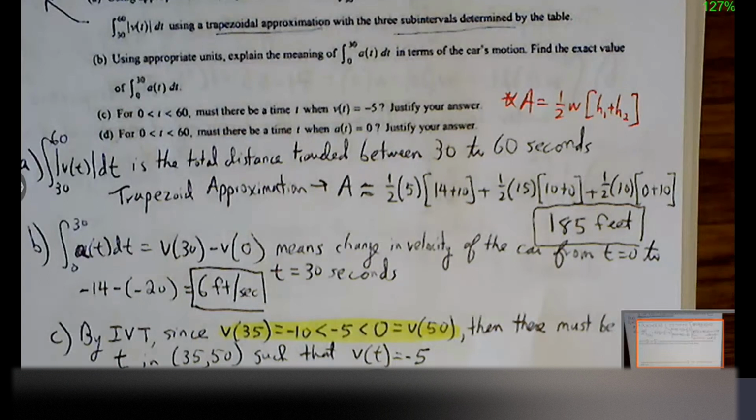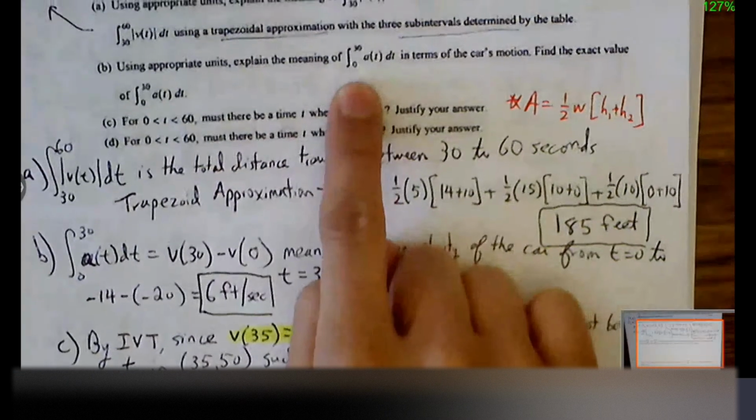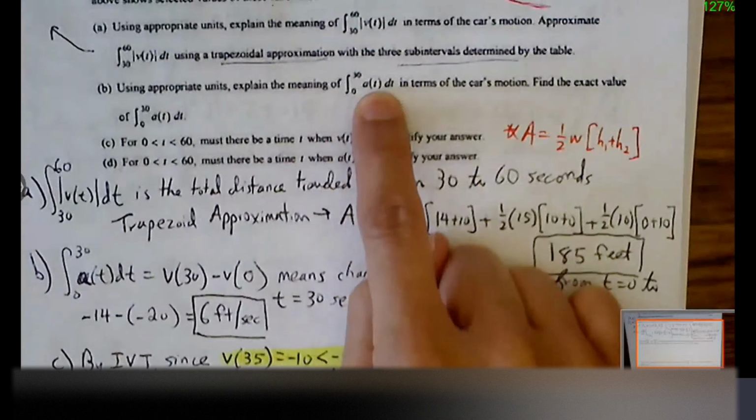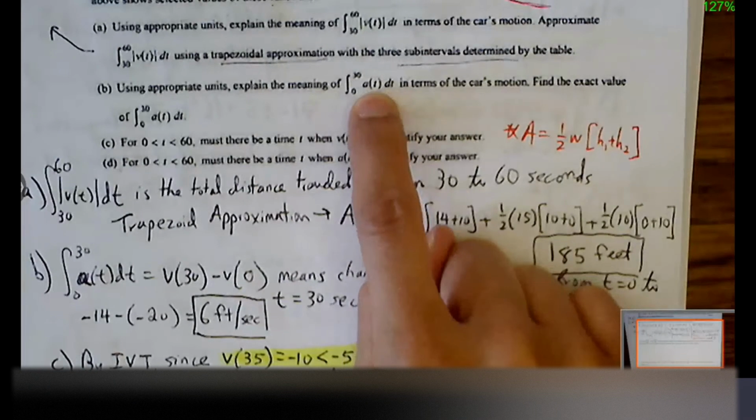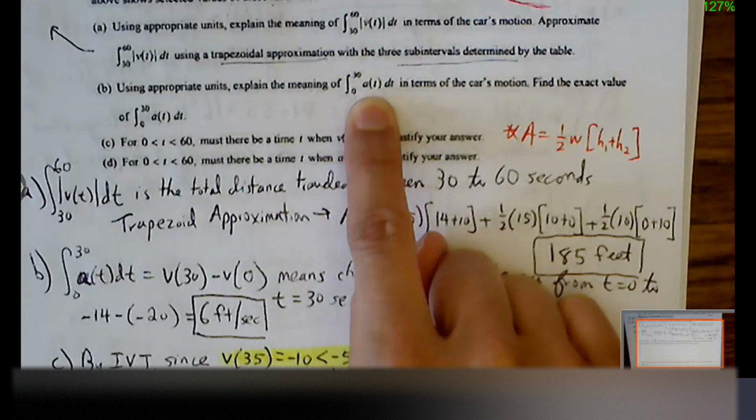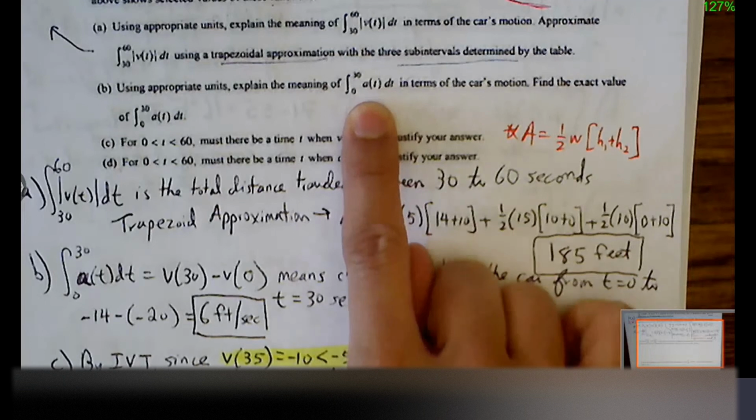Okay, part B. Using appropriate units, explain the meaning of the integral from 0 to 30 of a of t. So we can go through the first theorem, right?